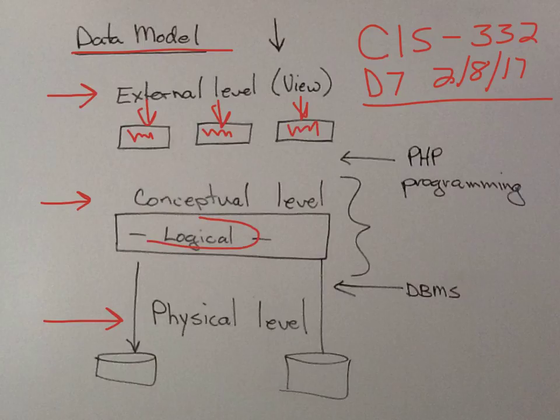Conceptually, or the word we like to use too, the logical view of the data, how we see it in terms of designing the database management system. And the database management system is able to make that connection to the physical layer and how the data is actually written out on the disk.